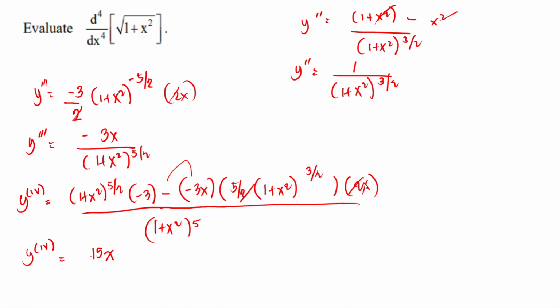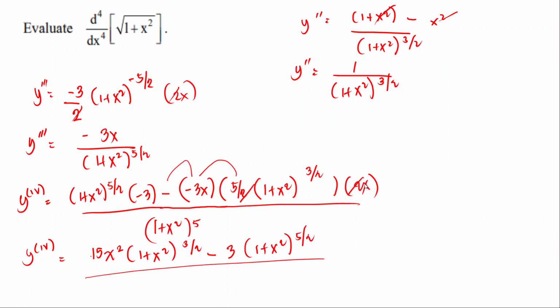Kasi negative, negative. Okay. Positive. Tapos, 5 times 3, 15. X squared times 1 plus x squared. 3 halves. Okay. 2 minus 3. Okay. 1 plus x squared. 5 halves. All over 1 plus x squared raised to 5.